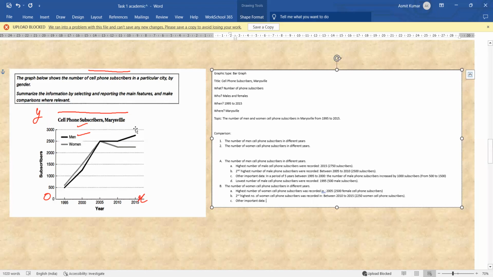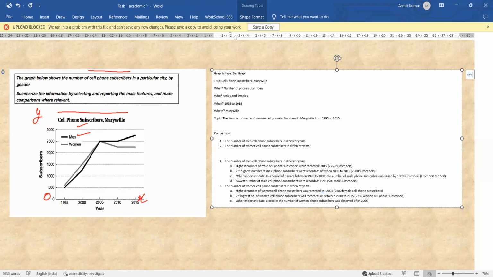What is important here? We can observe after 2005, we have seen a drop in the number of women phone subscribers. A drop in the number of women phone subscribers was observed after 2005.